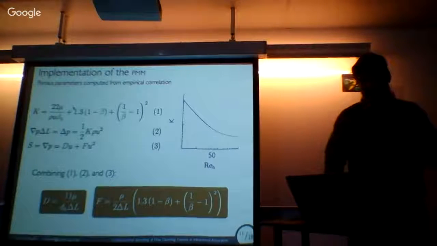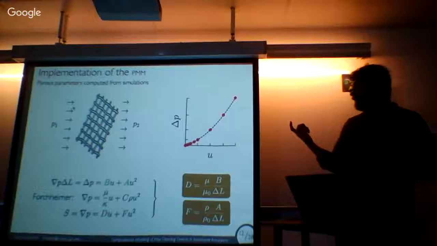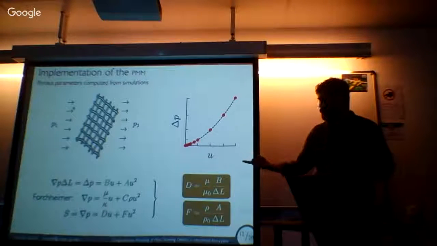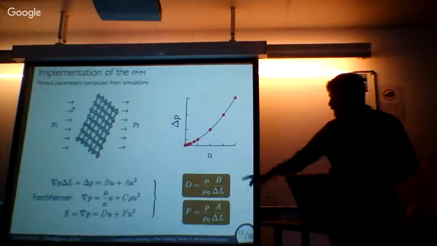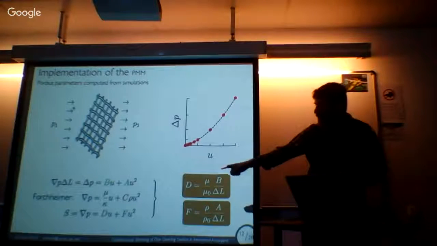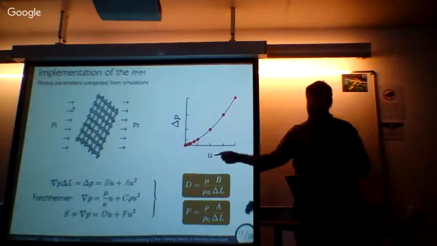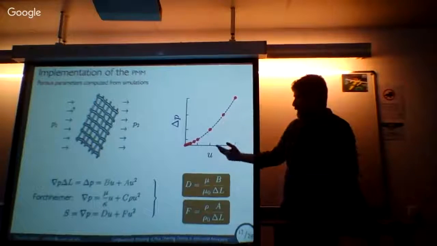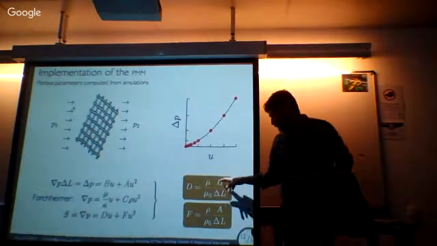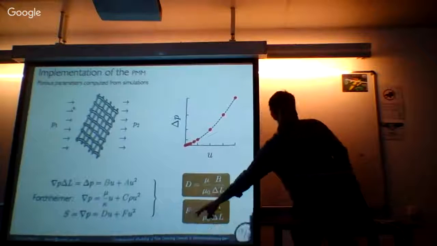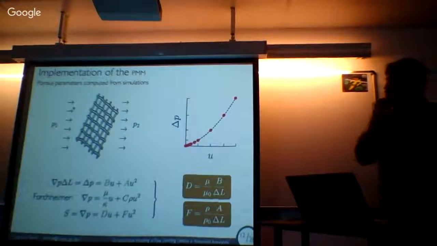As I said, in the case that we don't have these expressions, there is another way of doing it, which is by, let's say, brute force, which is simulating these parameters. Like computing this curve, from this curve we can get two parameters, the linear and the quadratic, and we can easily associate these parameters to D and F. Okay, but you studied this curve for different types of stents.